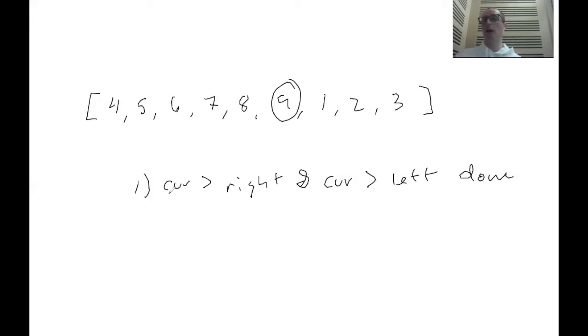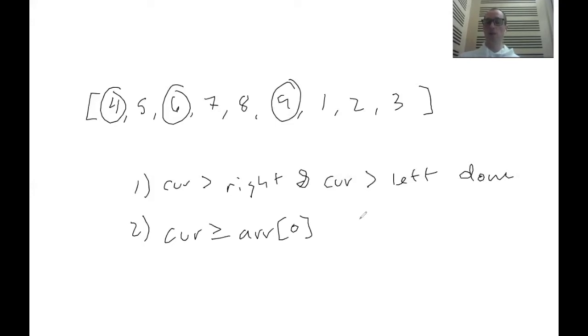So if at every iteration we land on a number, say we land on 6, we can just compare it to the first value in our array. And we can say, is our current value greater than or equal to the first value in our array? If that's true, then we know we can eliminate all of these values to the left, and we need to search right.